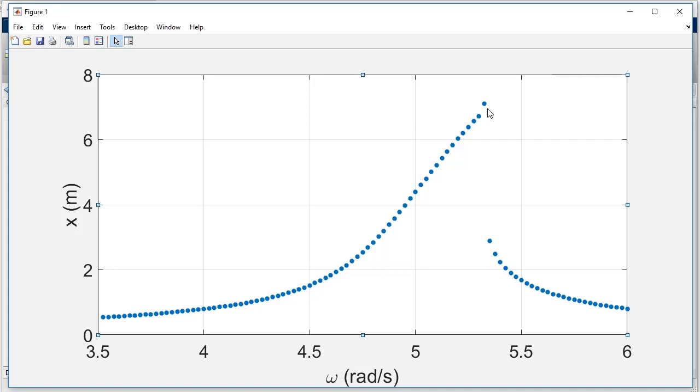It could be beneficial in some cases and also could be very dangerous in some systems. So this jump phenomenon is a feature of nonlinear systems, and there are many more phenomena: jumps, bifurcations, chaos, fractals, all those sort of interesting behaviors that I cannot go through right now, but you get the idea.